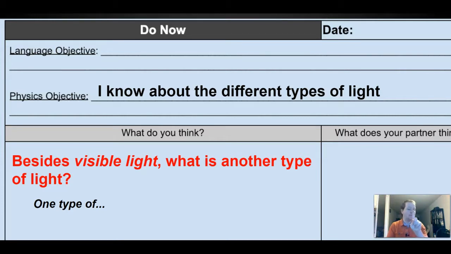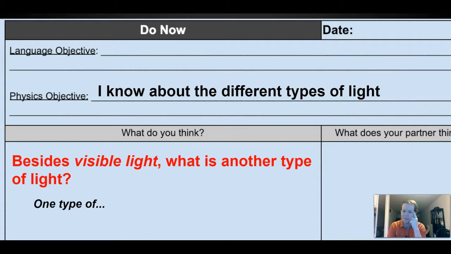That's one type, visible light. But do you remember another type of light? Not visible. What else? So you could write down one type of light.